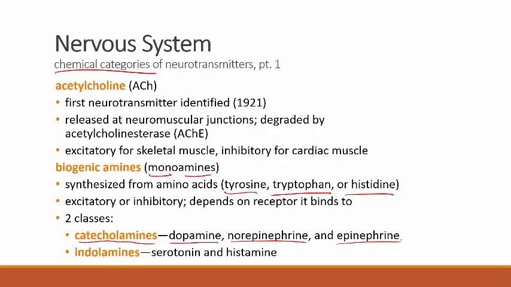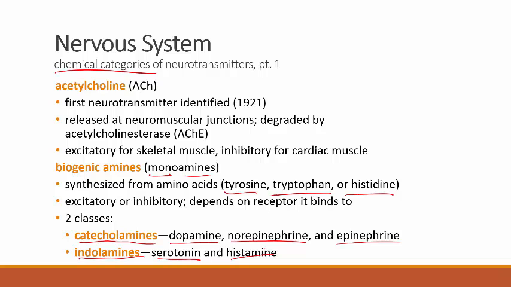So depending on the location, the presynaptic cell may produce norepinephrine or epinephrine and use that as a neurotransmitter. The indolamines include serotonin and histamine. We've already talked about histamine as being a product of a mast cell, but histamine can also be used as a neurotransmitter between a neuron and another neuron, or some other tissue.